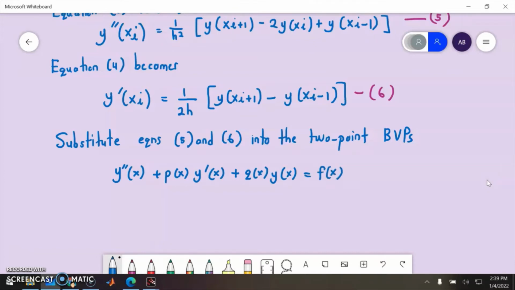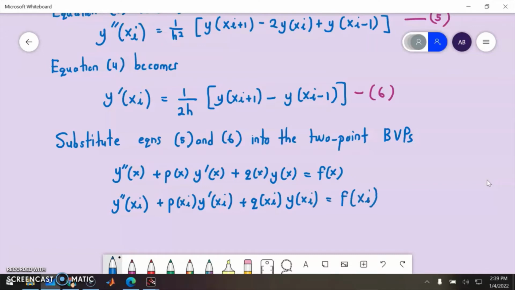Now changing this into the grid point, we have y double prime xi plus p(xi) y prime xi plus q(xi) y(xi) equals f of xi. Now all I've got to do is substitute equation 6 for the second derivative and the first derivative here.